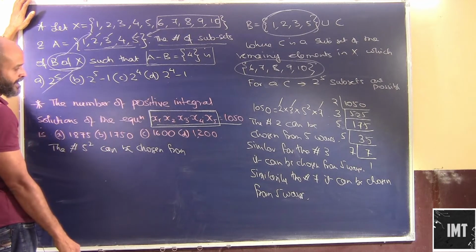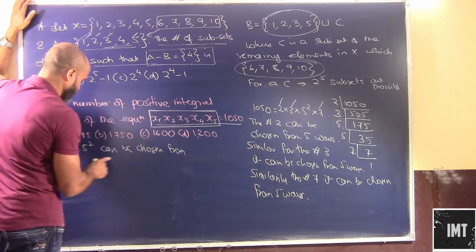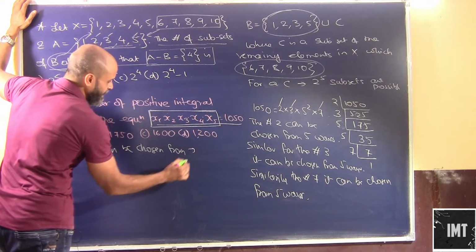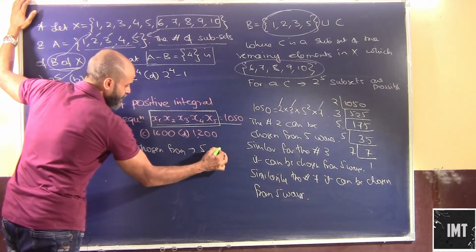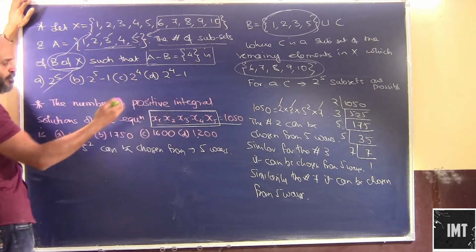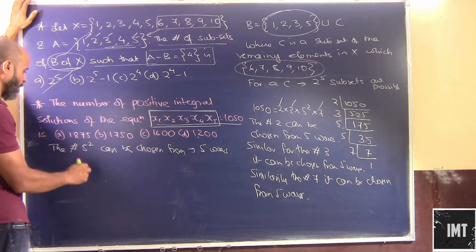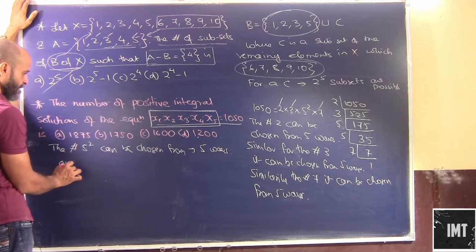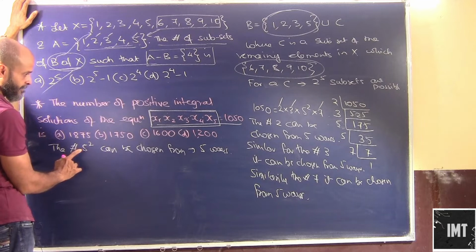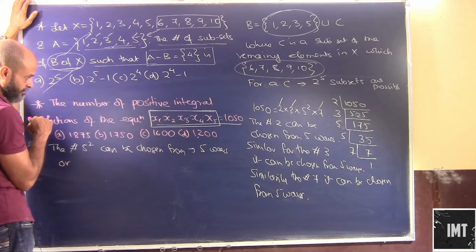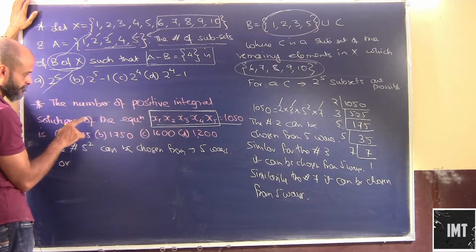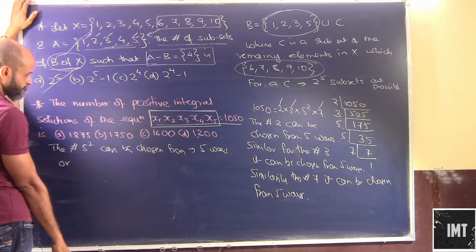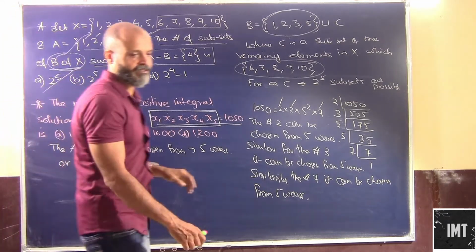Now 5 can occupy either solo, that is 5 ways, either we put one number as 25 here, or we can do it differently. Let me just check here.